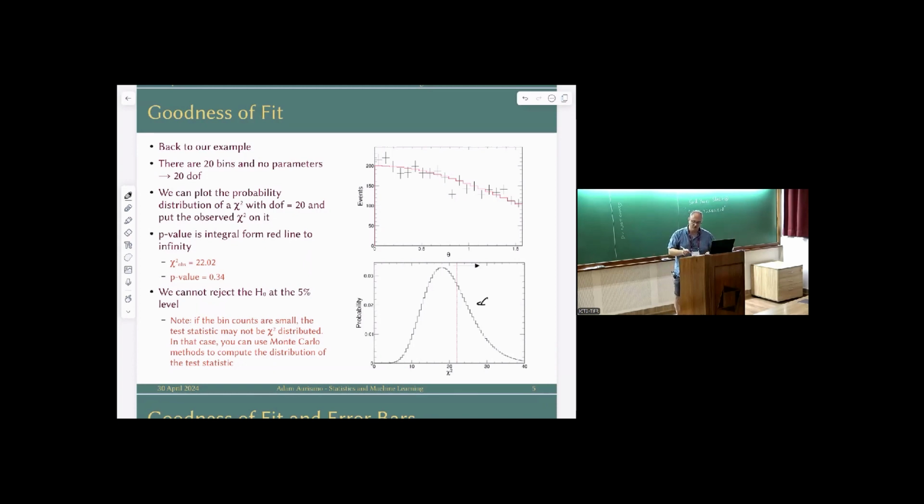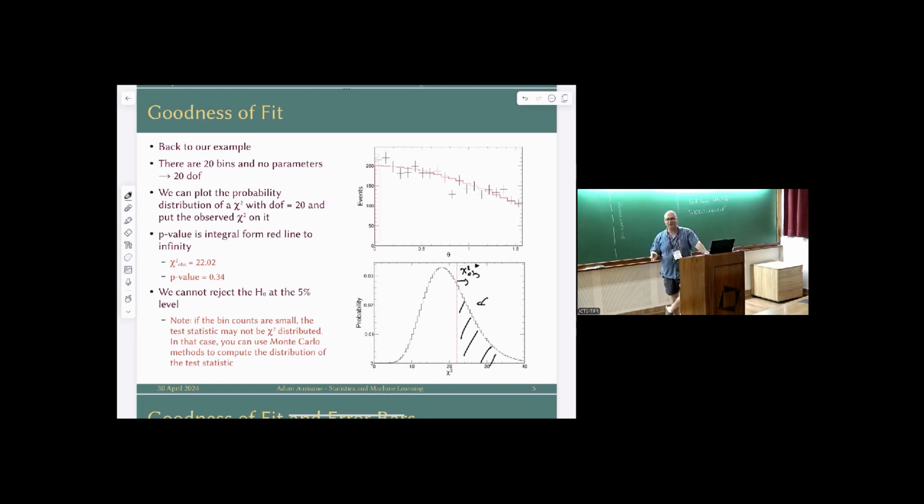So what we want to do is place this as our observed chi-squared. I computed the chi-squared between the black crosses and the red line. And then we have our chi-squared distribution, and we want to know what is the probability in the tail.